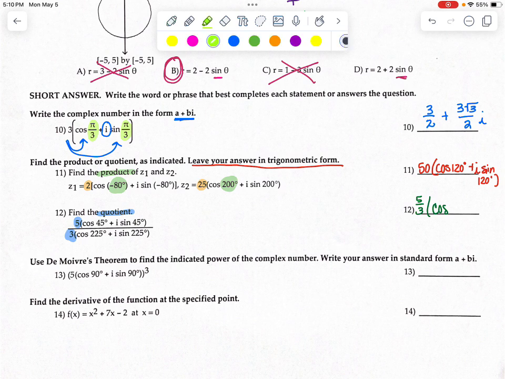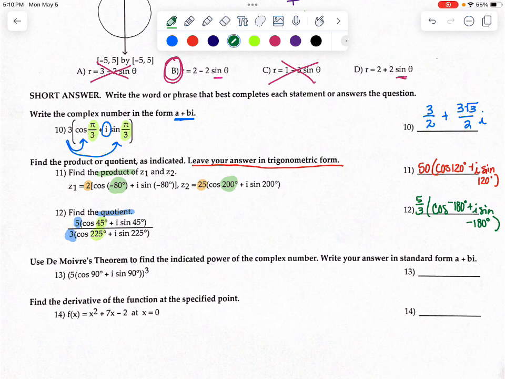Again, I'm subtracting my two angles. Make sure you do the top number minus the bottom number. They need to go in the correct order. So it would be negative 180 plus i sine, again, totally running out of room, negative 180. All right, so that's 11 and 12.